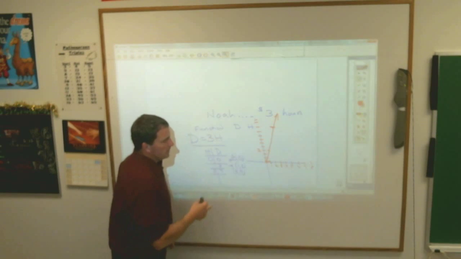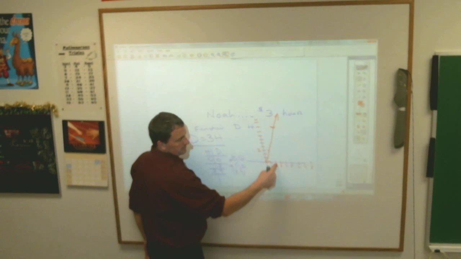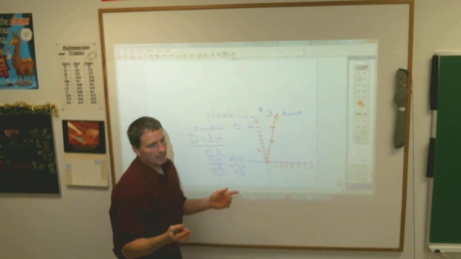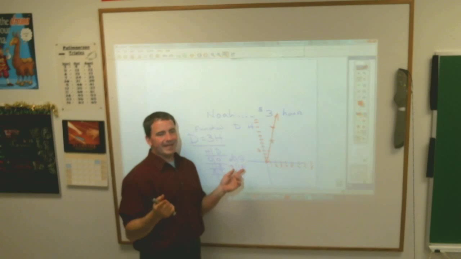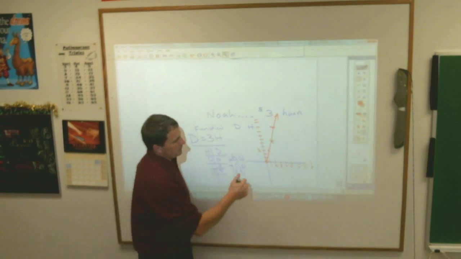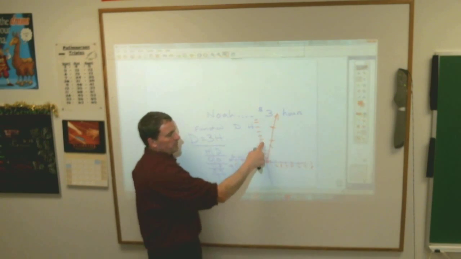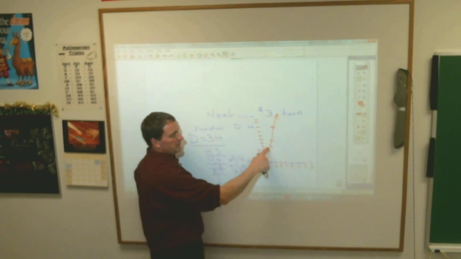In other words, 2 hours crosses this line right here at 6. But what if he only worked an hour and a half? Halfway between, it would come straight up here and get right there. It's between $4 and $5, he would make $4.50.